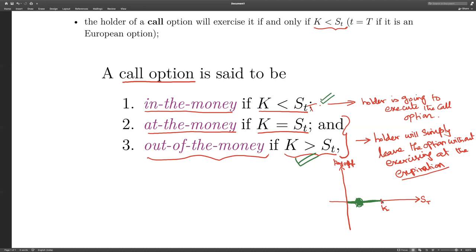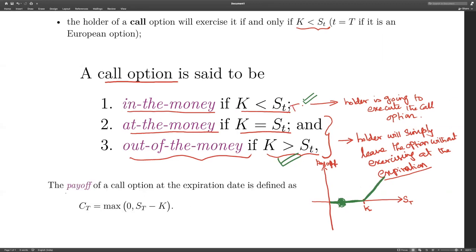And what is the payoff? Payoff is nothing but the difference between the spot price and the strike price. So it goes like this, right? So how will you define the payoff? Let's use the notation CP, the call payoff at the expiration. Since we put capital T, it may be the European option, otherwise it will be just a small t. That will be given as the maximum of 0 and the spot price minus the strike price.